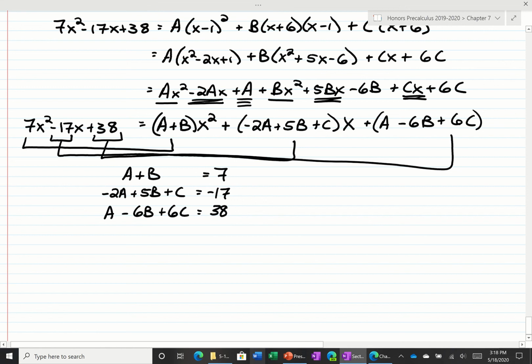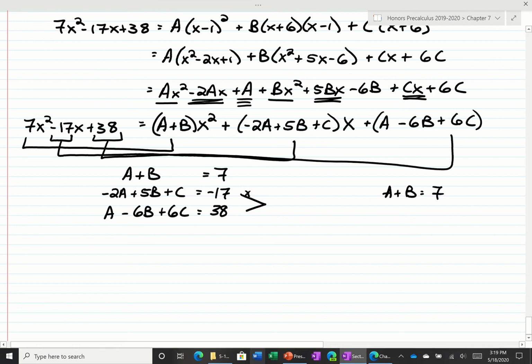All right, so we have a system with three variables. What I'm going to do is eliminate the c's here, and then I'll have an equation with a and b from the top, and I'll have an equation with a and b in the bottom.